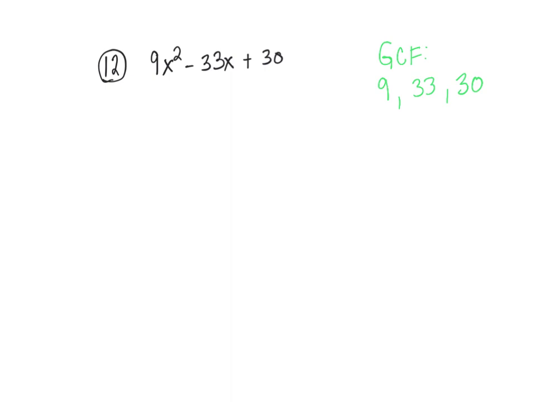And all of those are divisible by 3. And so our greatest common factor is going to be a 3. And so I'm going to divide everything by 3. So here's my greatest common factor of 3, and then this is going to be 3x squared.